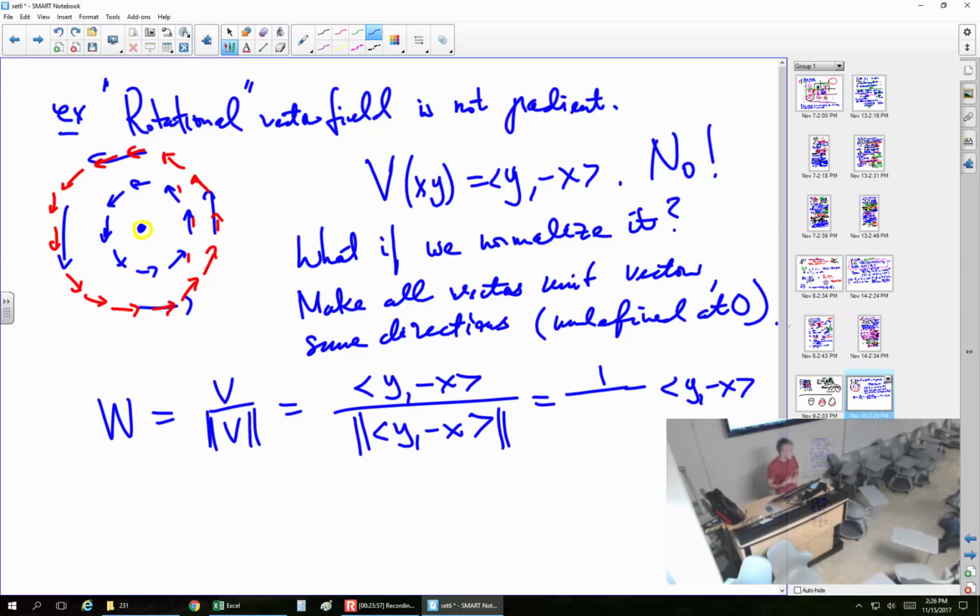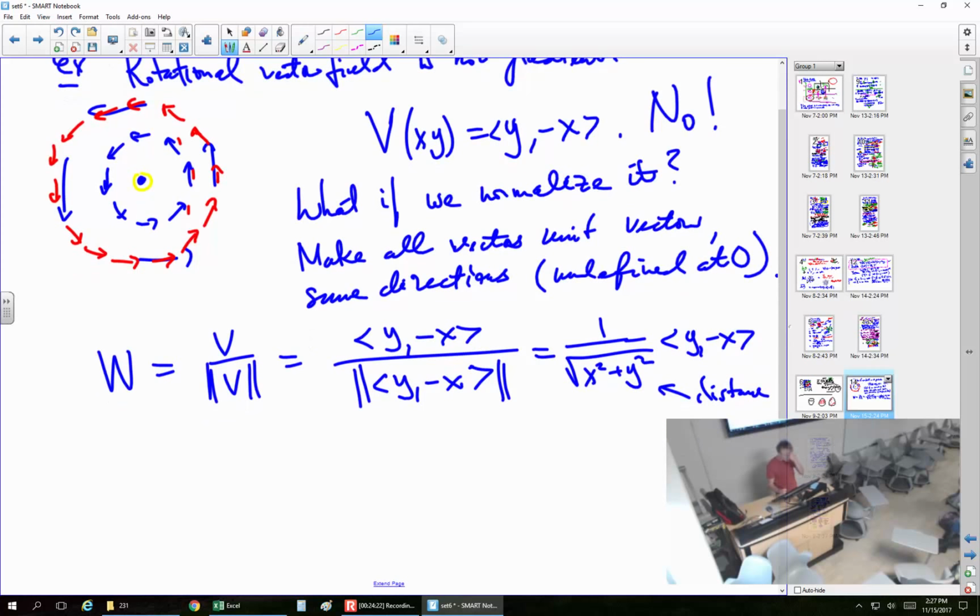What's the denominator, the magnitude of this vector? Square root of y squared plus x squared. That's right. By the way, it's simply the distance to the origin.